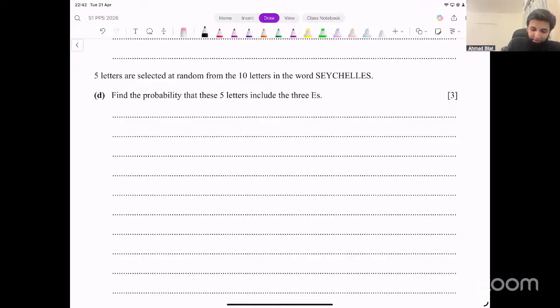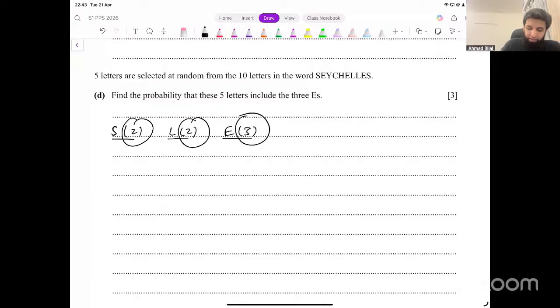There are two S's. And then there are two L's. And there are 3 E's. We need to make cases for the repeated letters like this. Then what are the remaining letters?